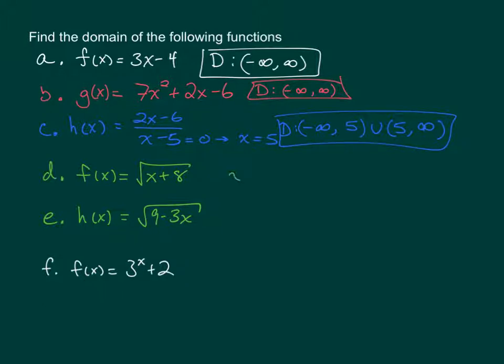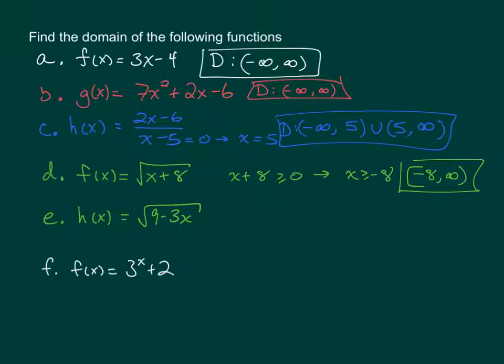So we need to take just what's on the inside of the square root and set it to be bigger than or equal to 0. When you solve for x, that means x is going to be bigger than or equal to negative 8. And then in interval notation, that means negative 8 off to infinity. And we include it because of the equal to. So there's the domain for part D.